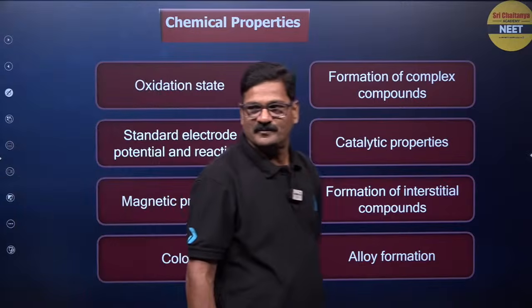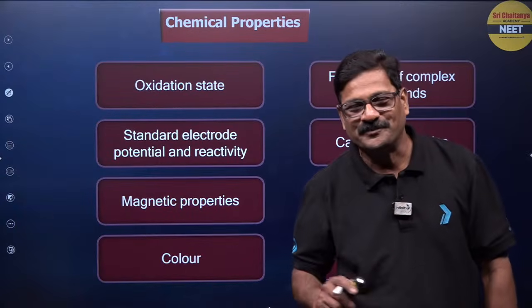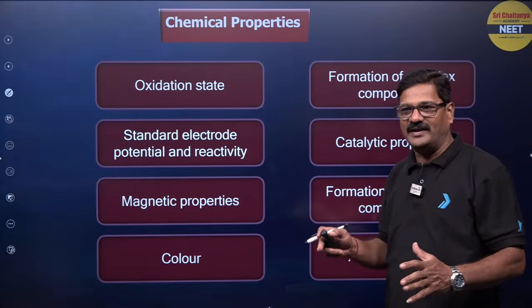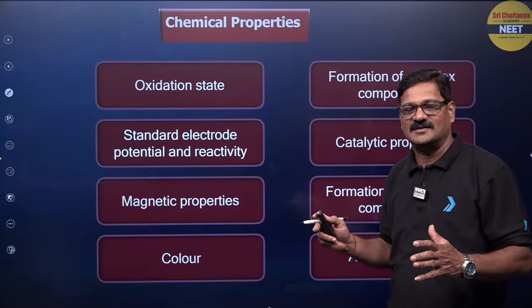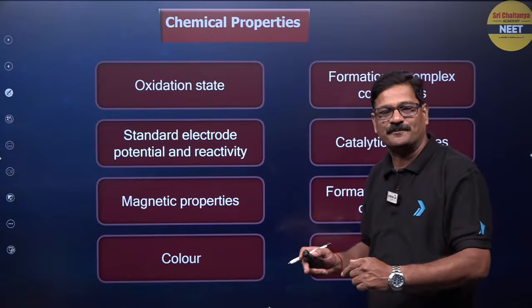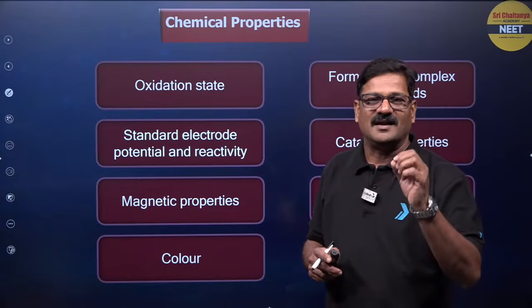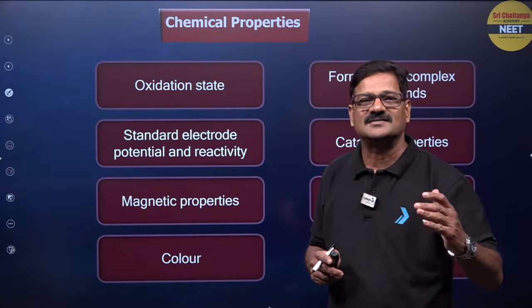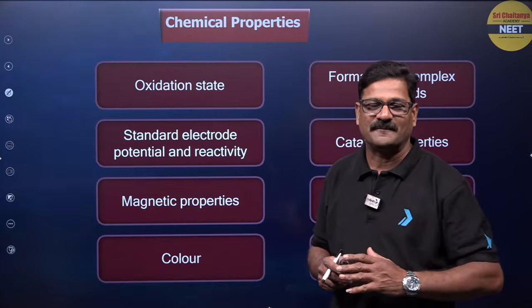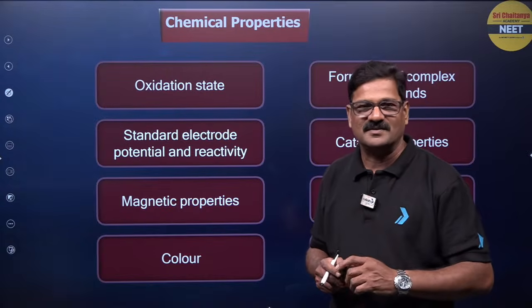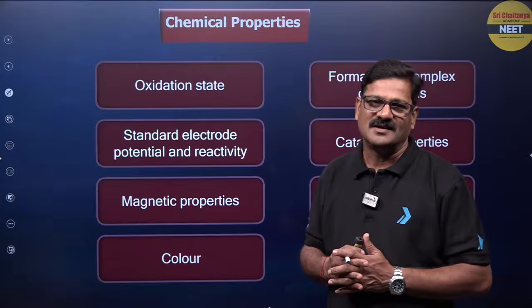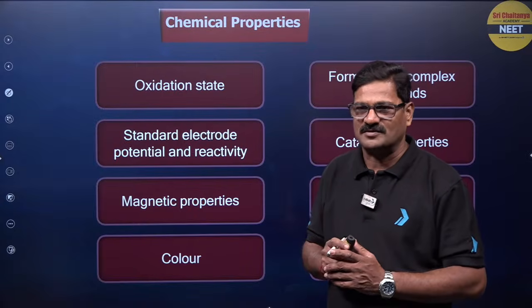Only one thing: these properties are the unique properties of the transition metals, due to the presence of unpaired electrons in the vacant d orbitals and the availability of d orbitals. All these things come into picture.